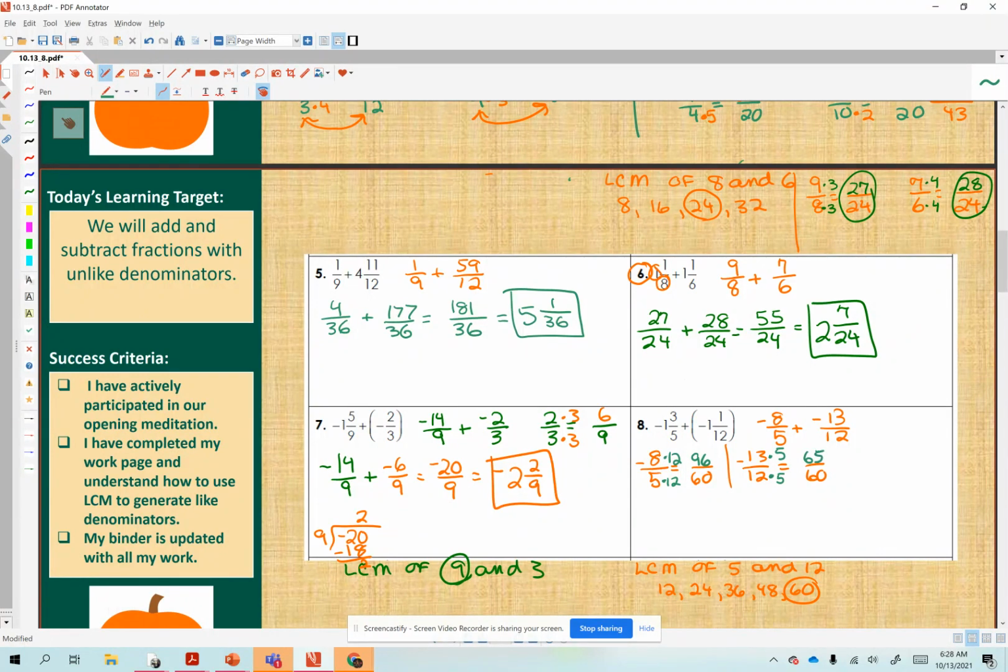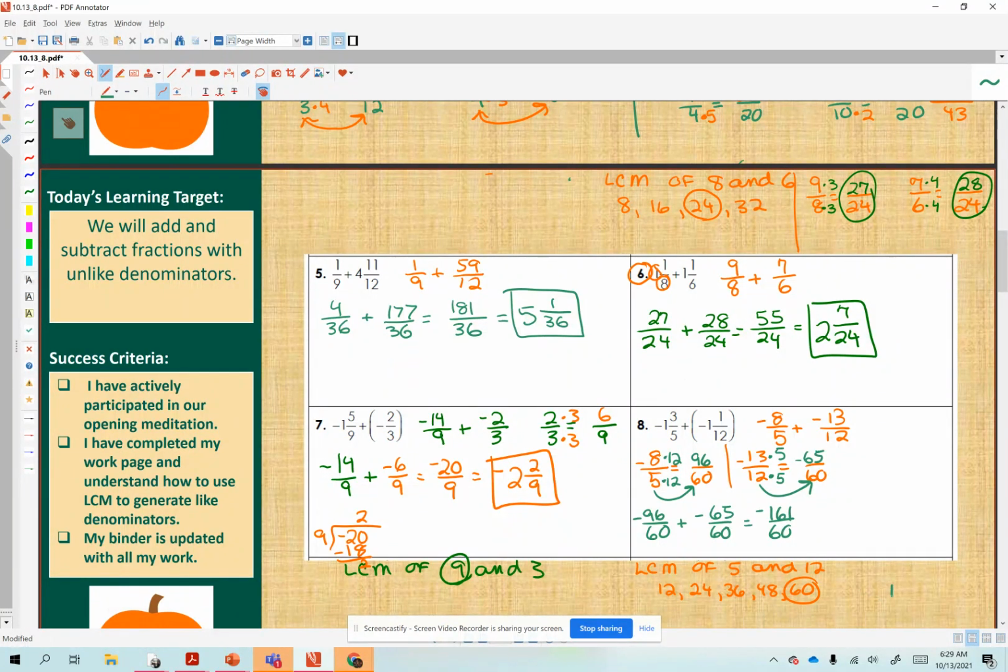So our new problem will be, here's our equivalent fractions, negative 96 over 60 plus a negative 65 over 60. We add the numerators and keep the denominator for negative 161 over 60.